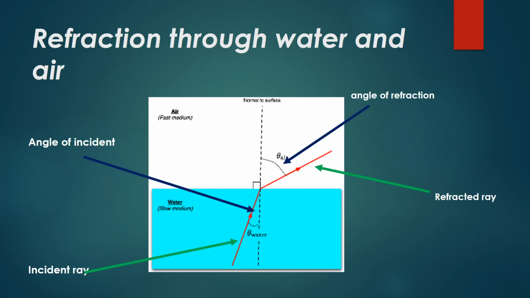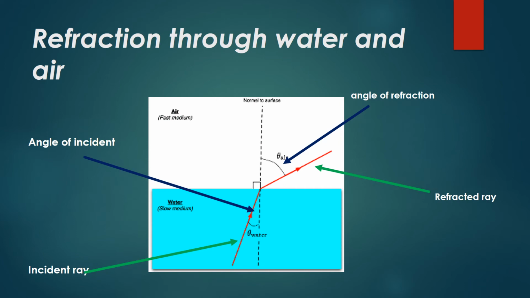Okay, now we are going to learn about refraction through water and air. My dear children, if we compare the water and the air, water is denser than the air. Now in this picture, we can see the light ray passes from a denser medium to a lower medium.